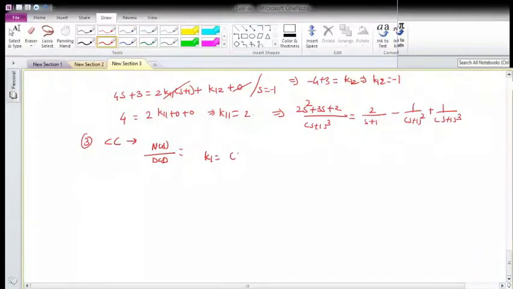Suppose the root is s plus alpha minus j omega, into some numerator, and in the denominator there will be s plus alpha minus j omega, and this will be s plus alpha plus j omega, evaluated at s equal to minus alpha plus j omega.